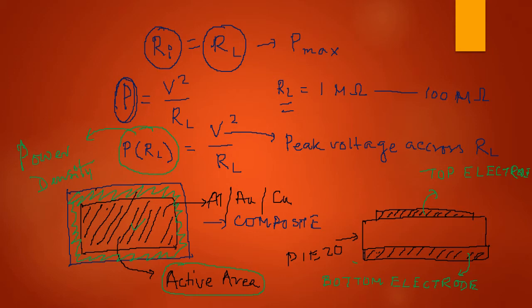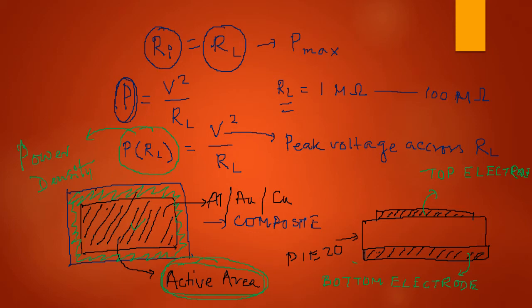Whatever power you calculate from the previous circuit will be divided by this active area to get the power density. Fine, so that is what you call power density. Or sometimes you can also consider the volume of this.